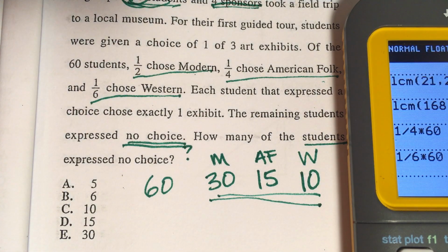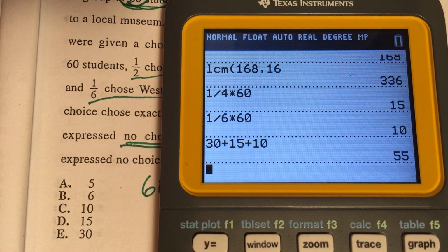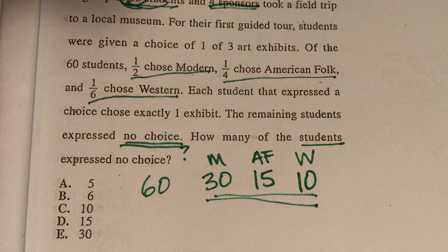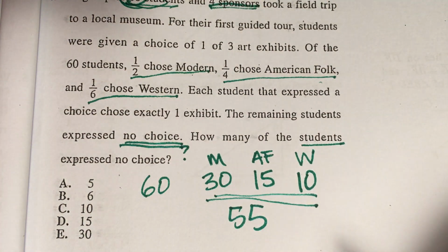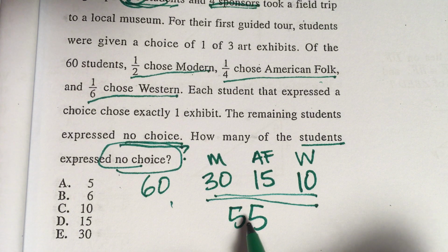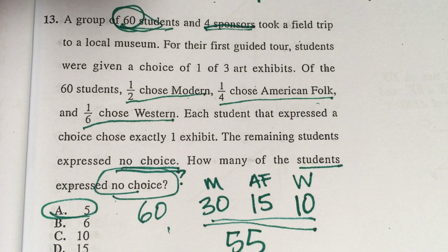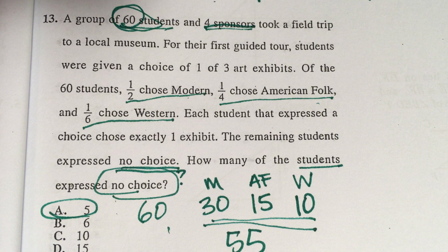So we have 30 plus 15 plus 10. 55 students made a choice. So if 55 students made a choice, how many didn't make a choice? Because we're looking for those. That would be 60 minus 55, or 5 students. That is number 13.